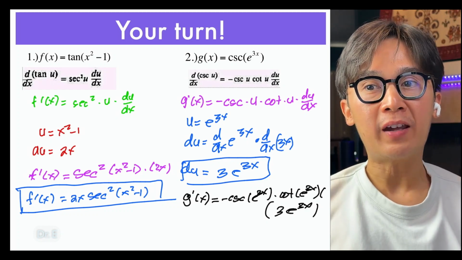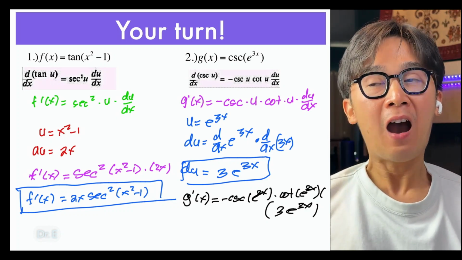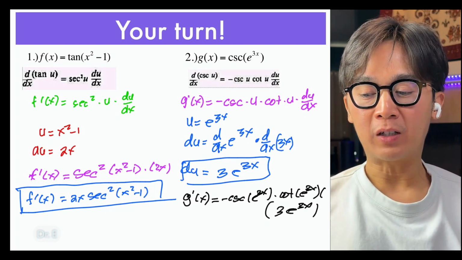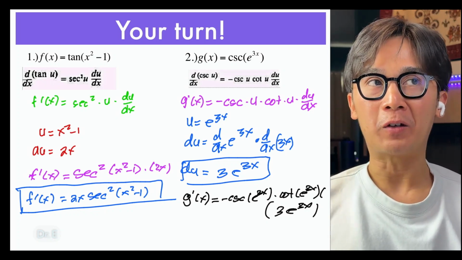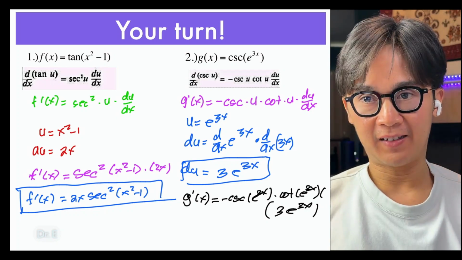The derivative of e to the x is e to the x. However, in this example that we have for cosecant u, our e to the x is now e to the 3x.